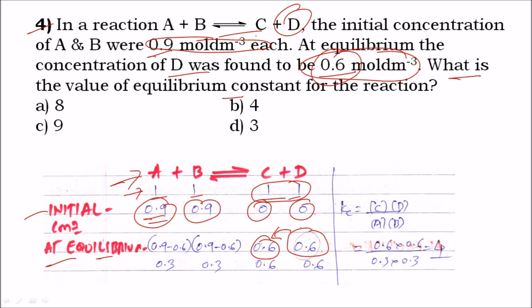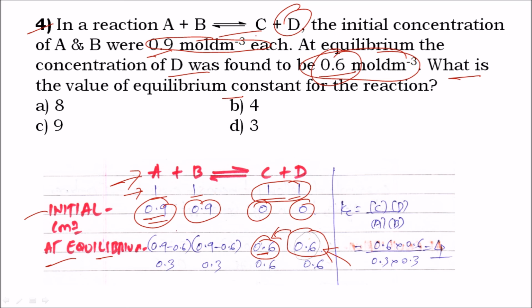So if D is 0.6 at equilibrium, C should also be 0.6. Now regarding the reactants, the stoichiometric coefficients are 1:1:1:1, so if the concentrations of C and D are 0.6, it means A and B should also be 0.6.